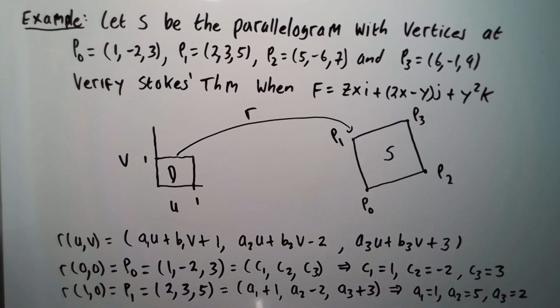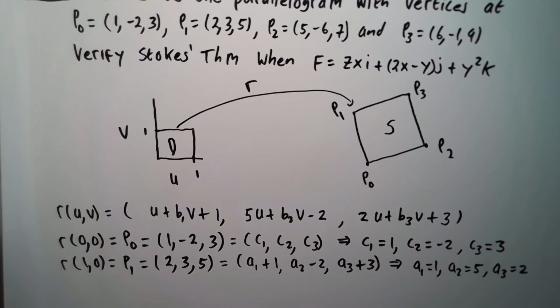So A1 plus 1 equals 2, that means A1 would be 1. A2 minus 2 would be 3, adding 2 to both sides, you'd have A2 is 5. And A3 plus 3 equals 5, that means A3 would have to be 2. So let me replace those up here now.